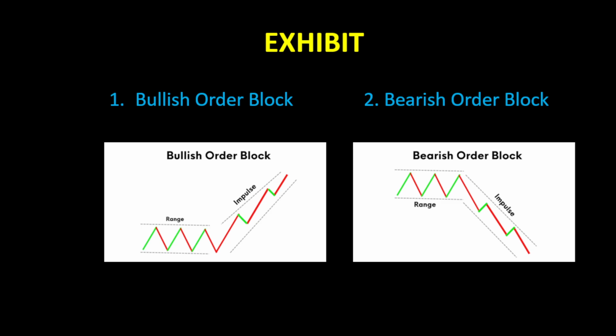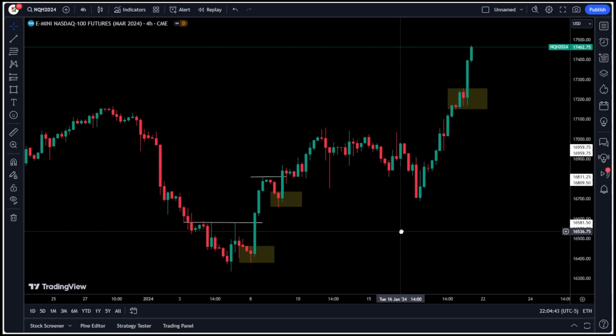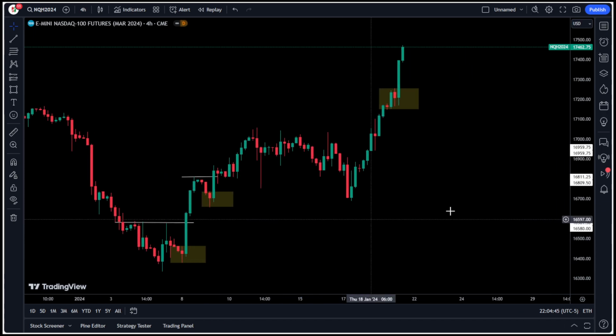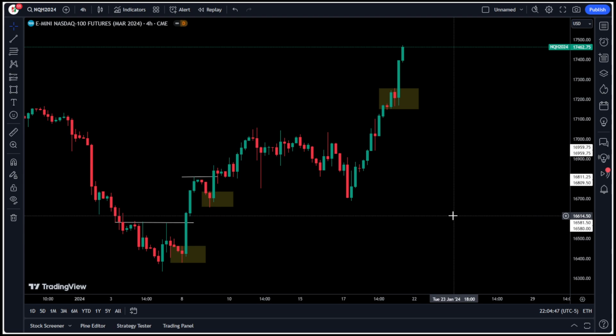This is a Nasdaq chart. I have marked some areas for you to understand it. Keep in your mind the exhibits of order block. First of all, let's find the order block.